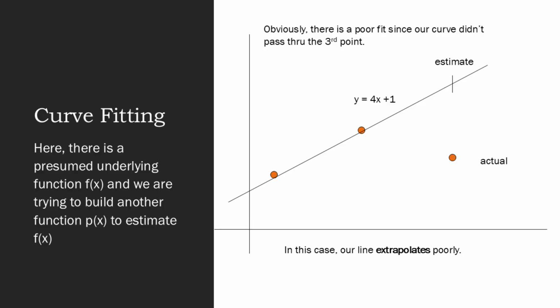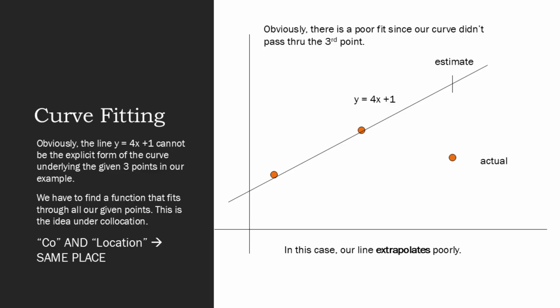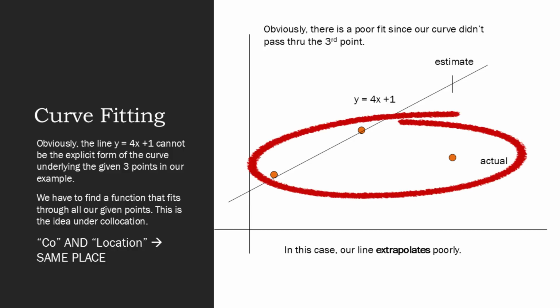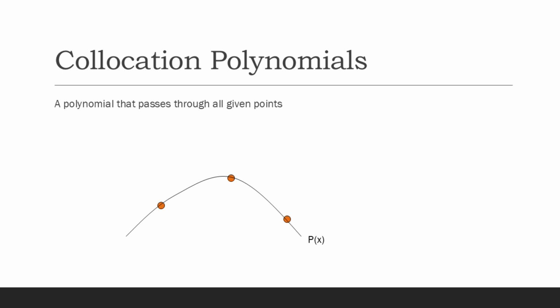We want to really look for such a polynomial function that collocates, meaning it passes through the same points given. And the whole idea here is co and location, being same place, meaning the polynomial should be at the same place where the given points are. In this case, it extrapolates poorly. So this points out the idea of a collocation polynomial.